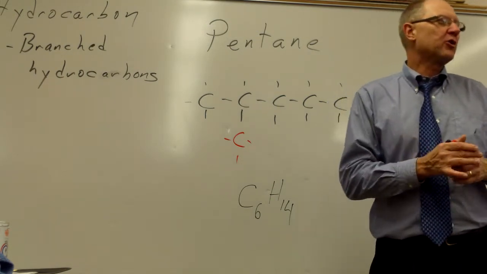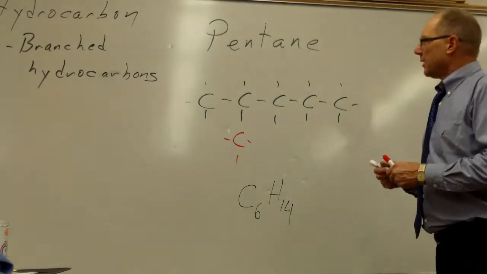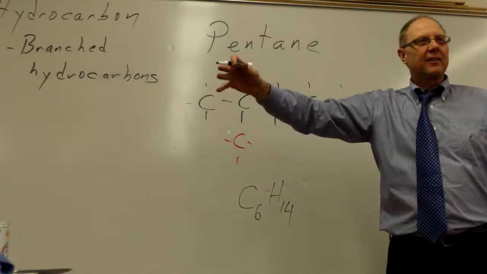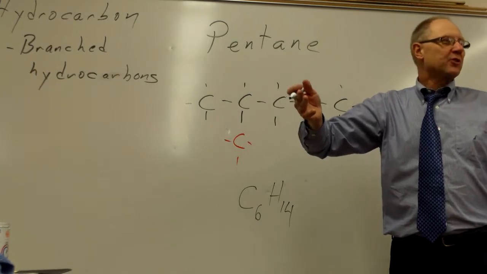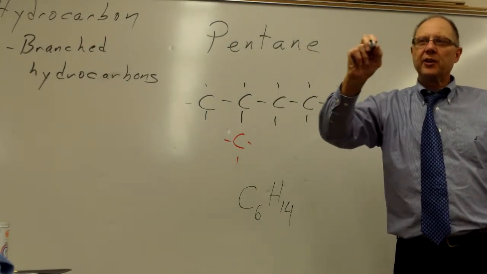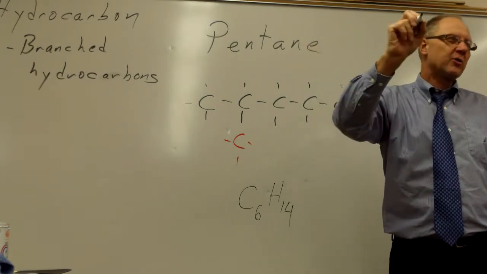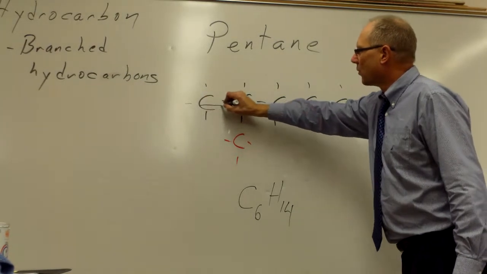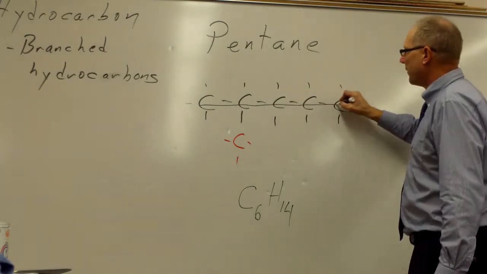All right, now here's what I mean by a longest chain. The longest straight chain doesn't necessarily have to be straight. It can have kinks in it. It can curve. But straight means this, that you can connect all the carbons without lifting your pen or without retracing your steps. So we can start there and go 1, 2, 3, 4, 5.